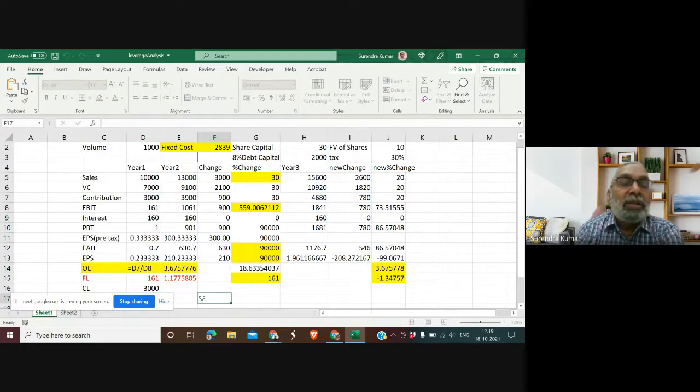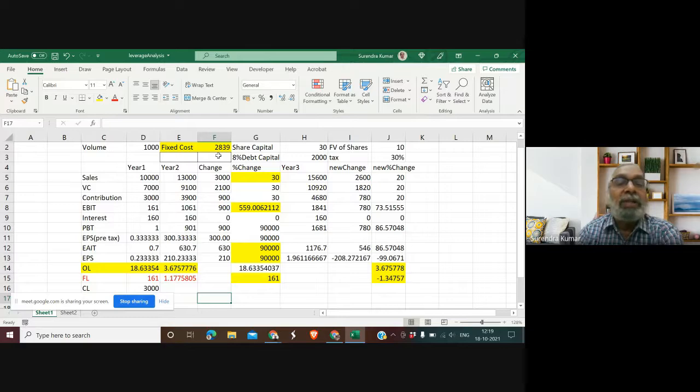Let me first mention briefly the data. In the year one of some assumed firm, there is data given of 1000 units with a sales price of 10 rupees and a variable cost of 7 rupees. So we get 10,000 sales, 7,000 variable cost, contribution 3,000.